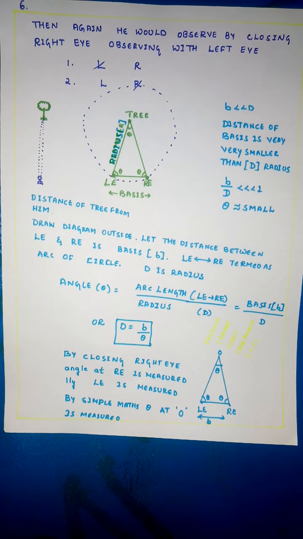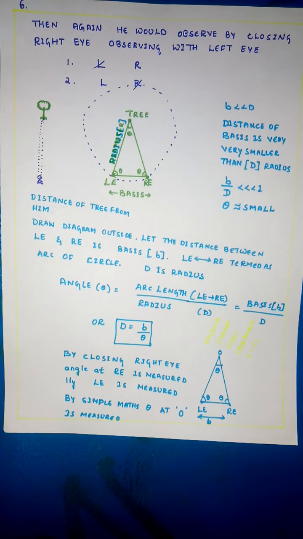So theta is equal to basis by D, or B by capital D. If I want to measure capital D, it is equal to B by theta. The angle theta is measured by closing the right eye and measuring the angle at the other eye.